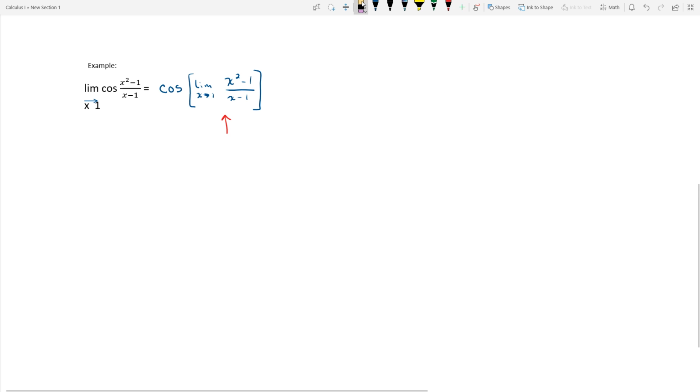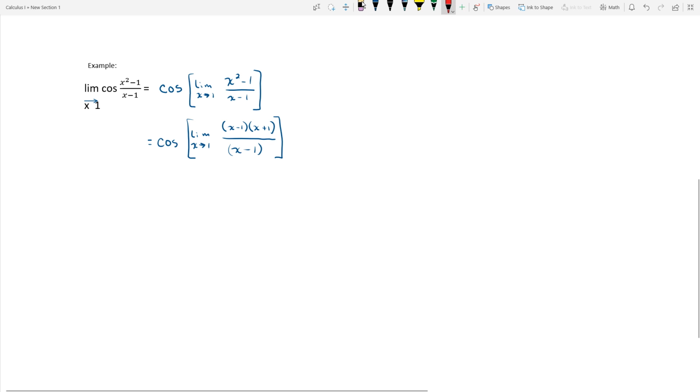In this case, we've worked with this before several times. We're going to say that this is equal to the cosine of the limit as x approaches 1. In the numerator, it's the difference of squares, which means that we have x minus 1 times x plus 1, divided by x minus 1. And now we can see how we can factor out the problem in the denominator.